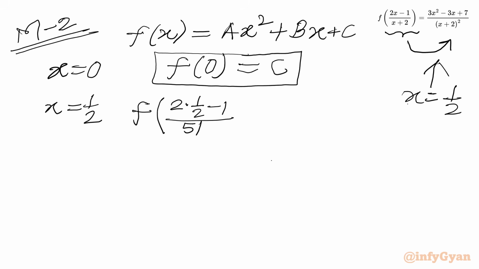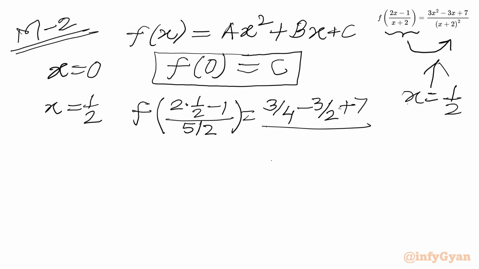I am writing 5/2. In the right hand side, 3x², so 3/4, minus 3x, so minus 3/2, plus 7, over half plus 2 is 5/2, whole square will be 25/4. Now we can multiply numerator and denominator by 4. So we can cancel the denominator 4. Here this is 1 minus 1 will be 0.